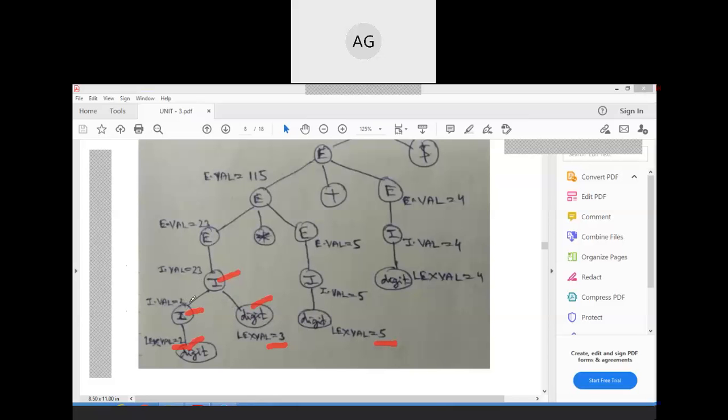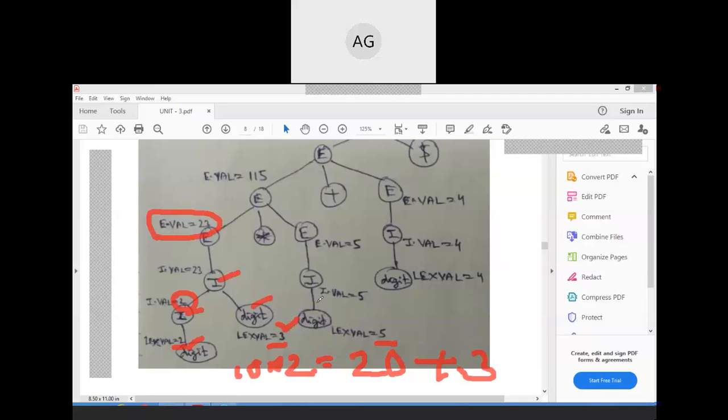So the value 10 is multiplied with this 2, meaning 10 into 2 is performed. 10 into 2 is 20, and plus this 3, 20 plus 3 is 23. So this value of E dot val is 23.